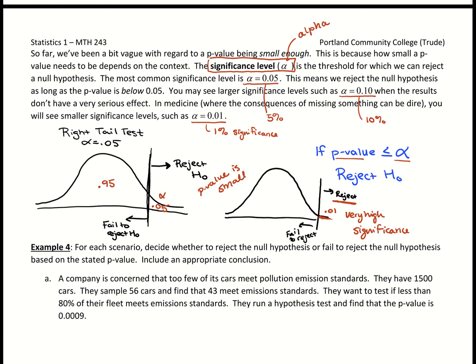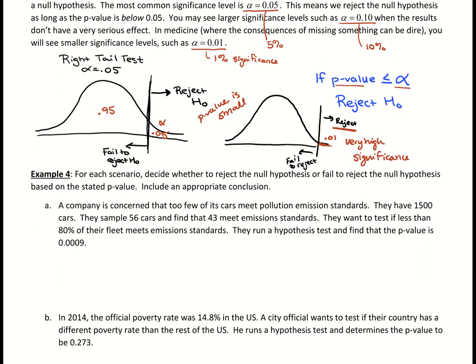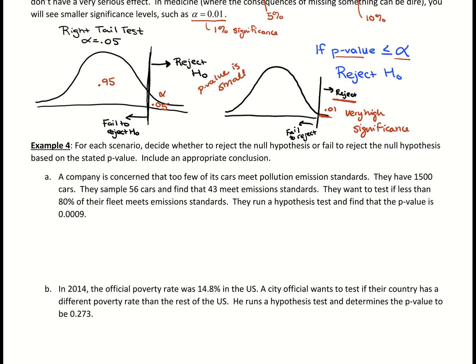So with this information, what we could do is, given a p-value, figure out whether or not we reject the null hypothesis. So with these, we're going to look at whether or not we do that. They don't state a significance level here, so what we do is just assume 0.05. So if they don't say anything, use 0.05.